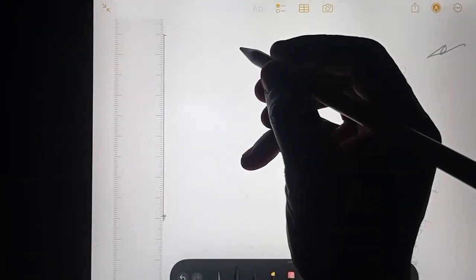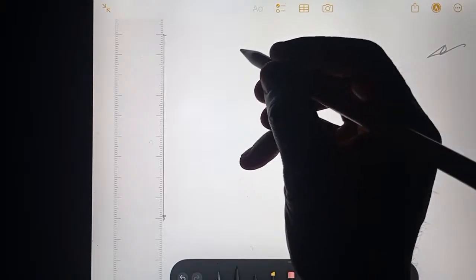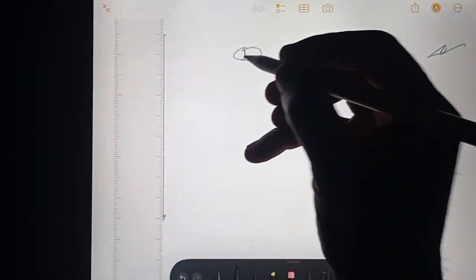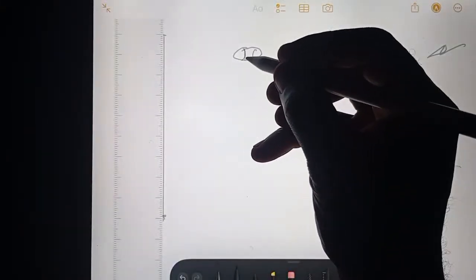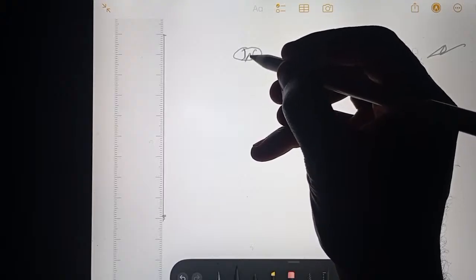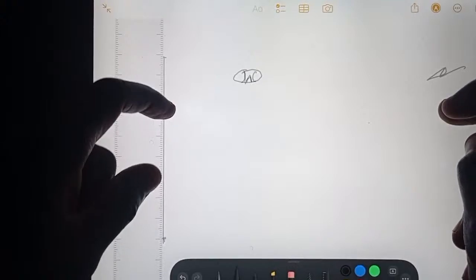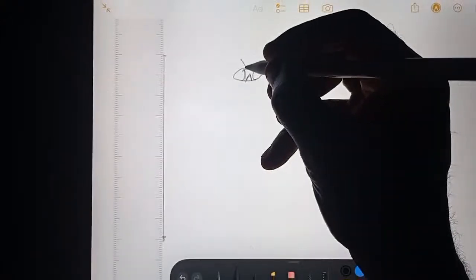Let's assume you are to draw a housefly. I'll just do that one. Remember, this is where my drawing started. You are just to do something like a sphere first. In this sphere, you divide it like this, while you now make a V in the middle. So like this, then the antenna will be in the middle.